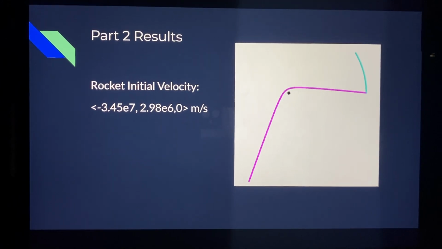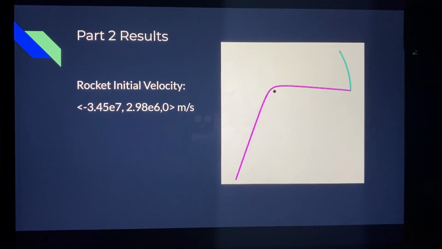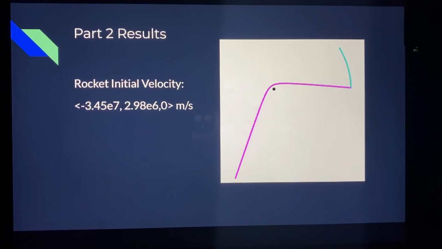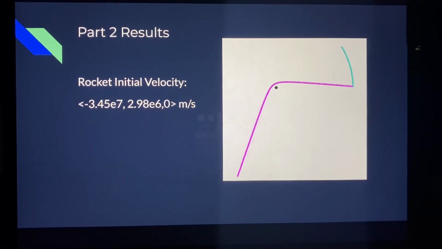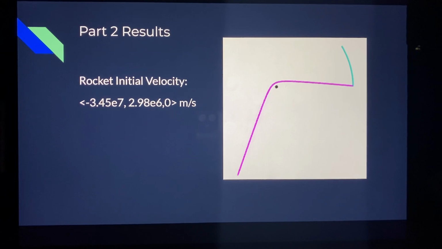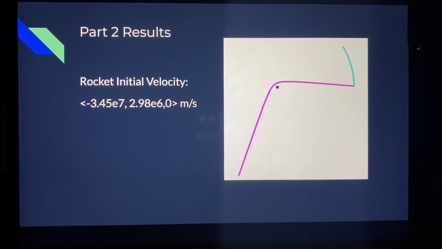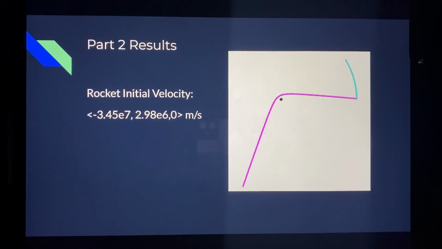And the results I got was that the rocket's initial velocity to escape the planet and the black hole was that it needed to have negative 3.45 times 10 to the 7 meters per second in the x direction and 2.98 times 10 to the 6 meters per second in the y direction to do this.